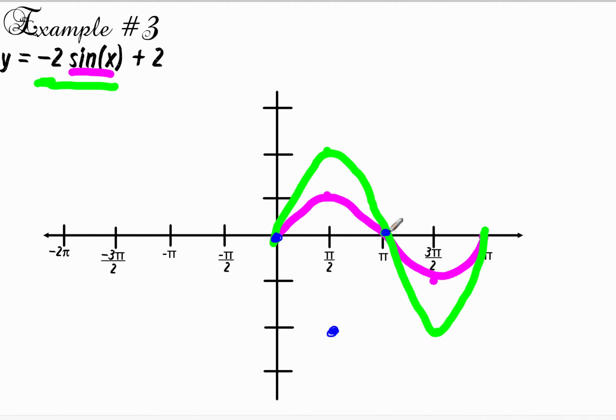And then that's 0. And then a negative of a -2 is a +2. And then that's 0. So I'm going to get rid of this green now so it doesn't get in my way. Connect my points.